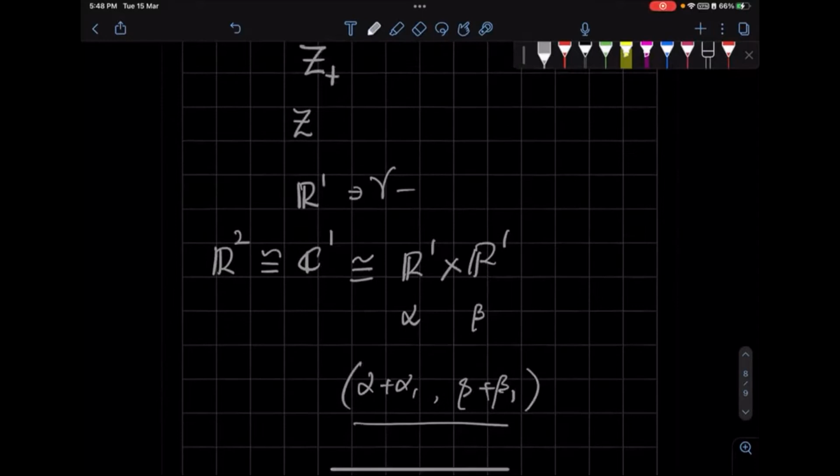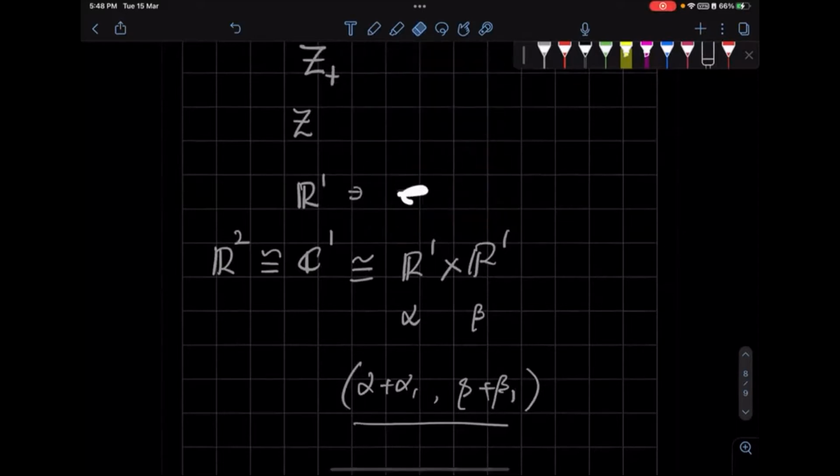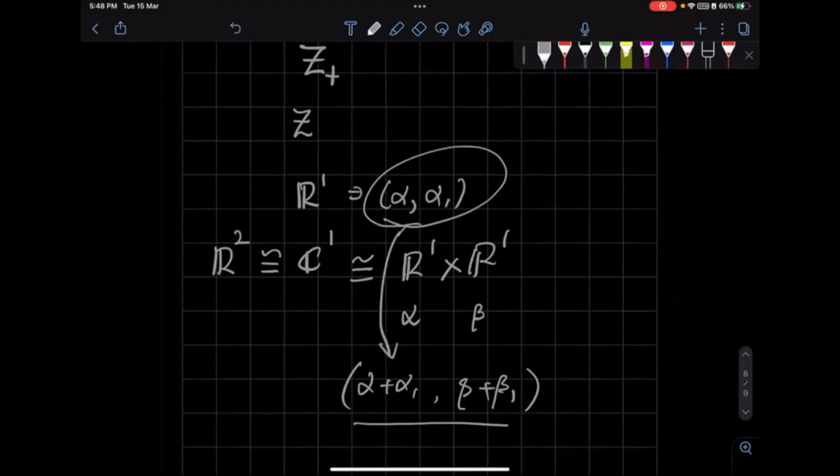Whereas here it's gamma plus gamma 1, right? So you can only create an isomorphism between this and this part. You cannot create an isomorphism simultaneously with both parts, right?